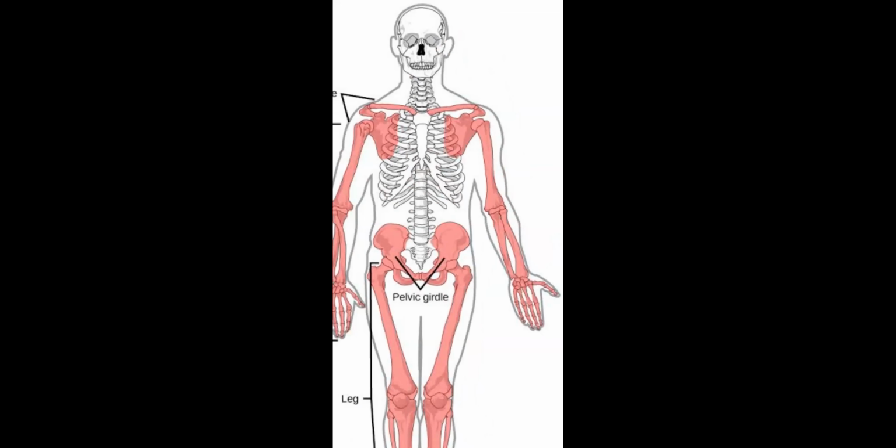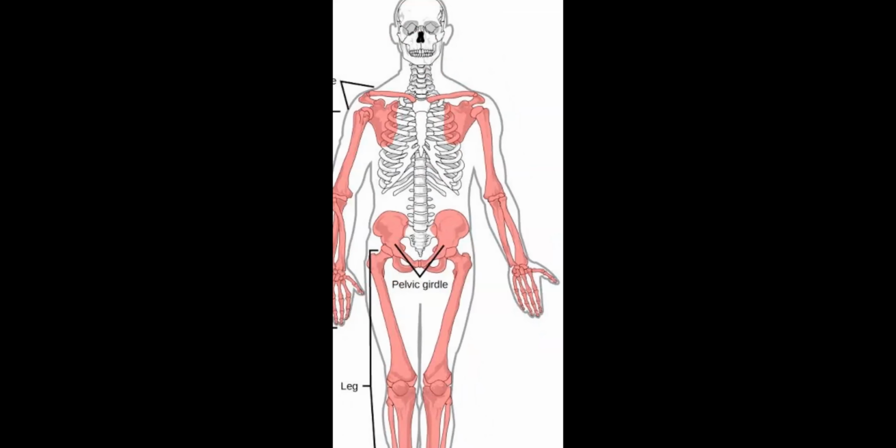So can we have a name of each part? This part. Upper arm. Which bone? I won't take the name of students, I'll just go through it fast. Humerus.